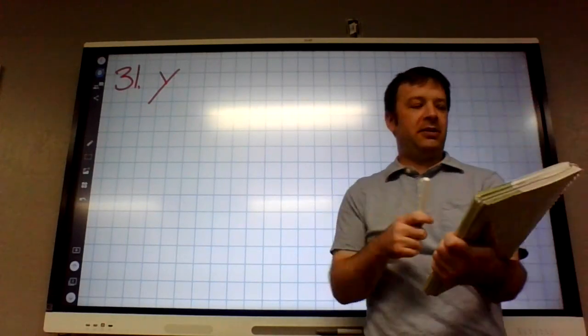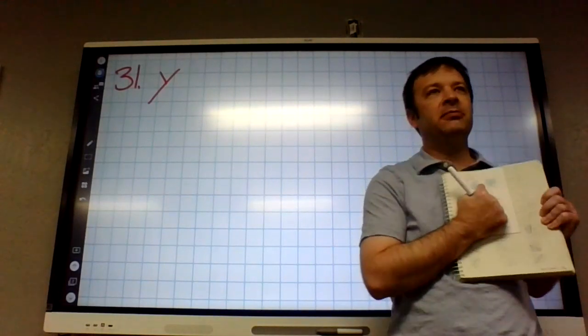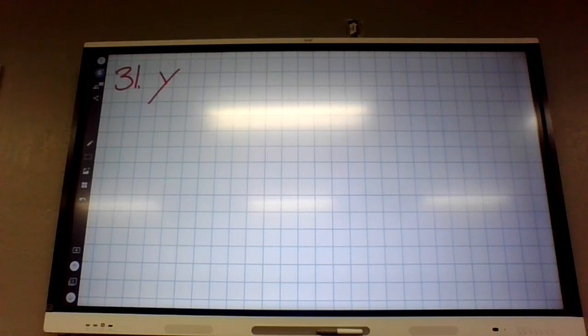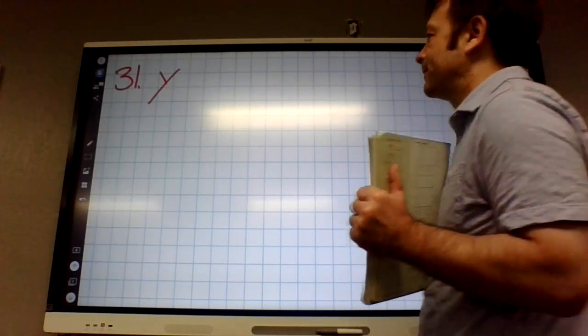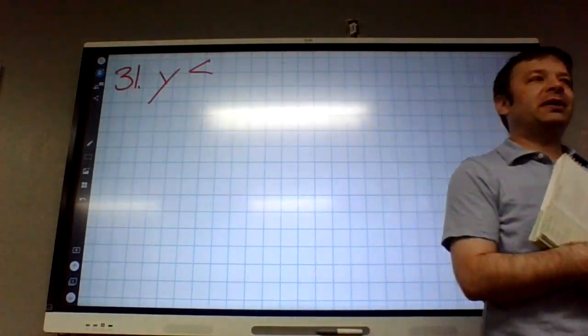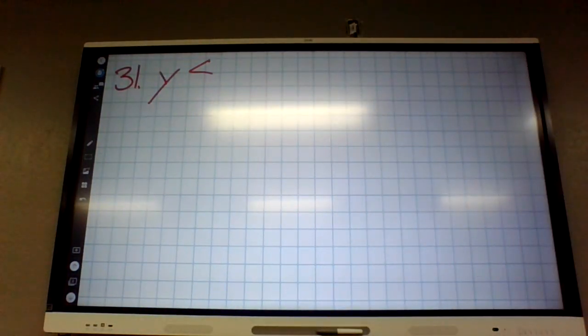Okay. If it is shaded below the line and the line is dashed, what symbol is that? Less than. Okay, what do we find next on that graph? Slope, yes, rise over run. It looks like it's going through the graph at 0, 3. And where else? 3, 5?